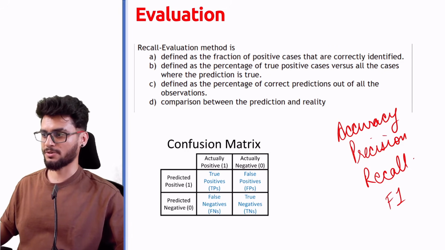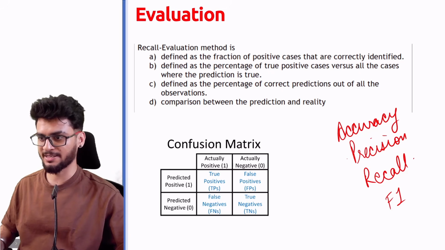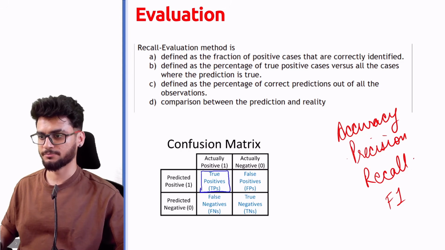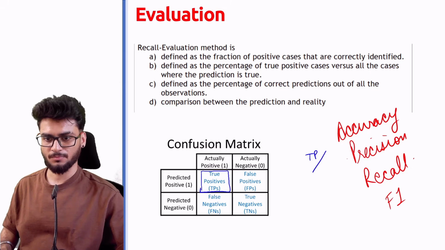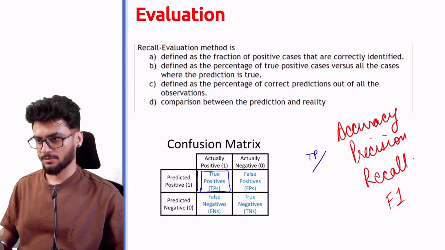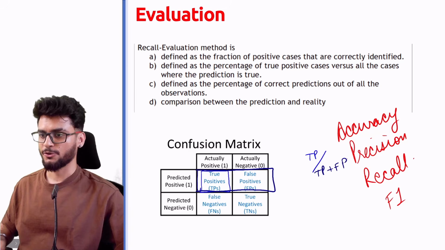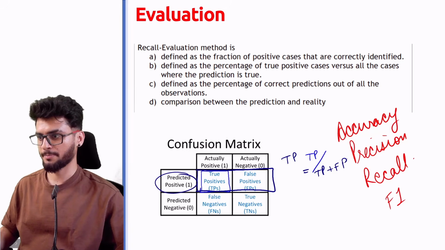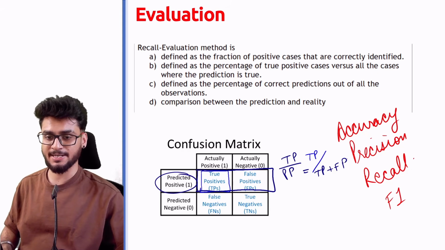So when we talk about precision, it is defined as, I'm giving you a shortcut right now, total true positives upon this entire column, which means TP plus FP, or false positives. You can also say it is true positives upon predictive positives. Don't get confused. Take your time to understand this.